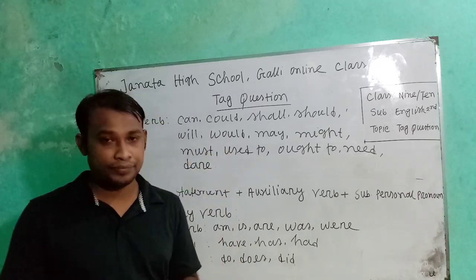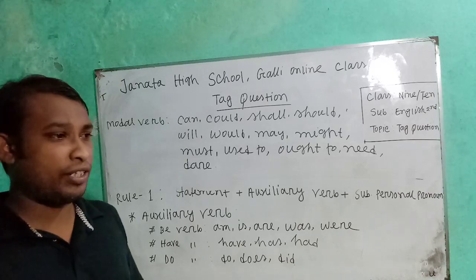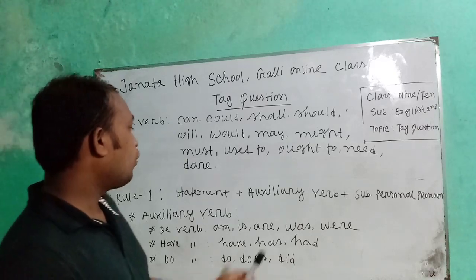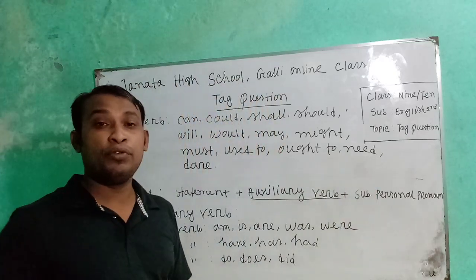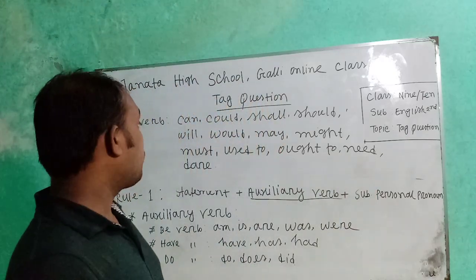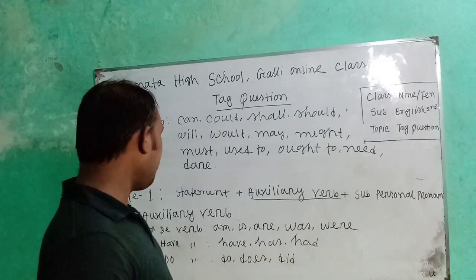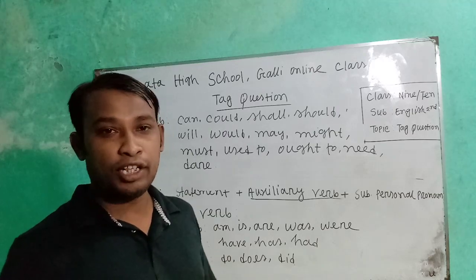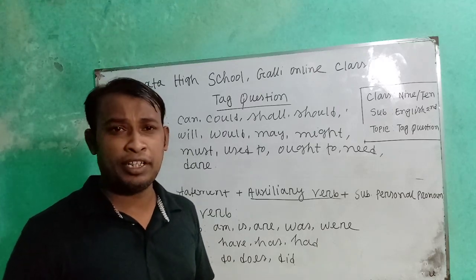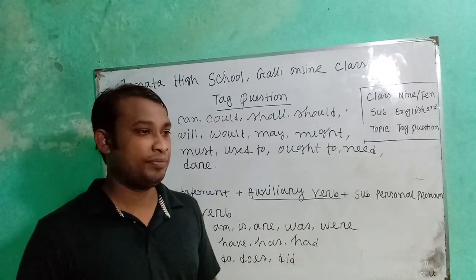Dear students, to make a tag question, at first you have to use an auxiliary verb. So there are 24 auxiliary verbs in English language grammar: am, is, are, was, were, have, has, had, do, does, did, can, could, shall, should, will, would, may, might, must, used to, ought to, need and dare.